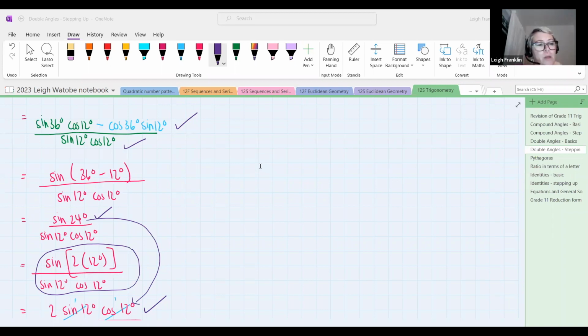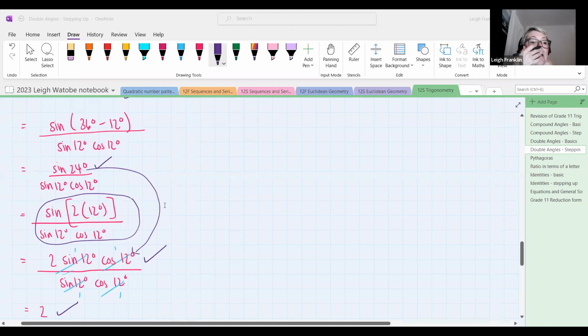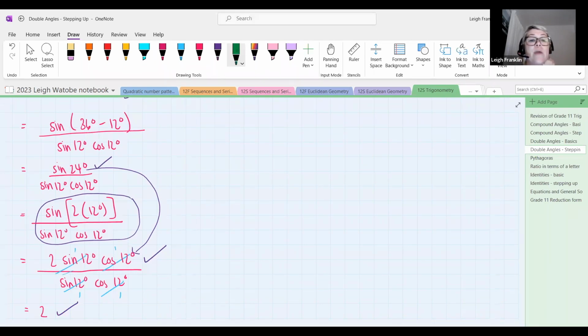Well, you could potentially do this, and here you're starting to get a little bit creative. If you've got sine 24 at the top and at the bottom you've got sine 12 cos 12, you could put a 2 here and then times that by a half.